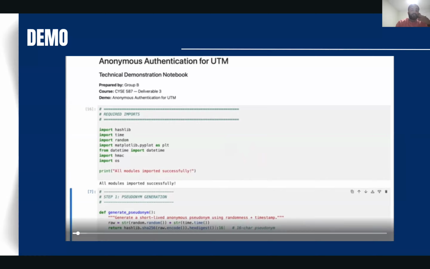So the main purpose is the pseudonym hides the drone's and user's real identity, but the system still authenticates them securely. Next slide.